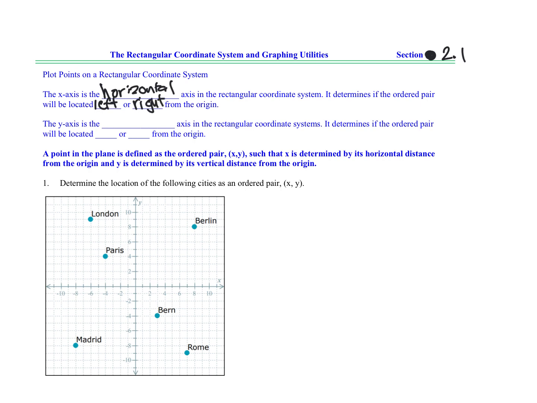And so all that is saying is that the x-axis is horizontal, the y-axis is vertical, which means that it determines if the ordered pair is going to be located up or down.